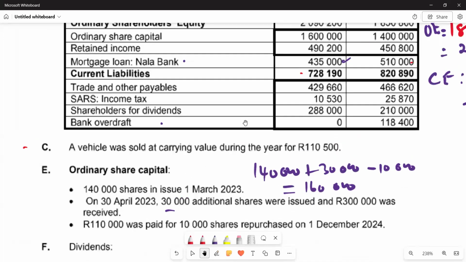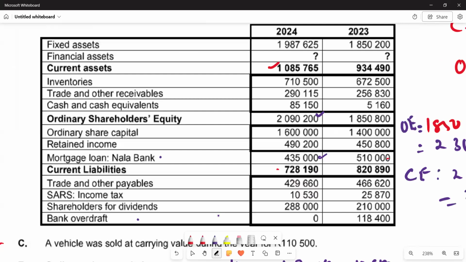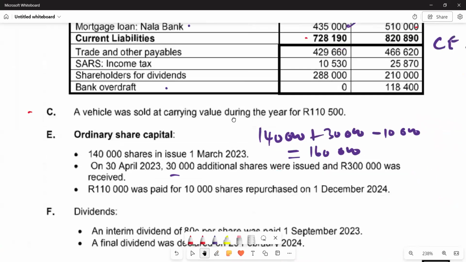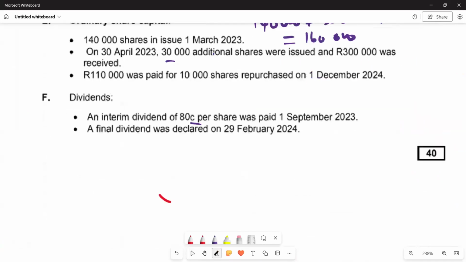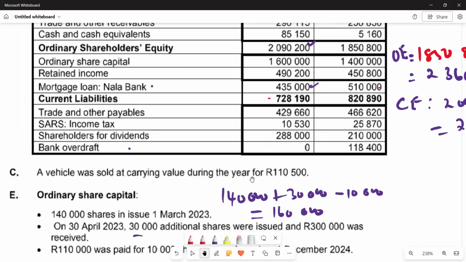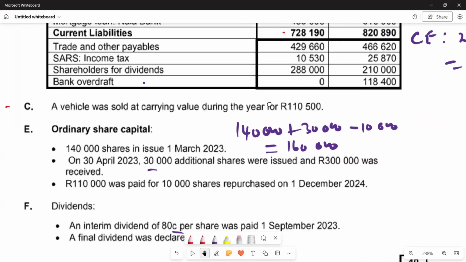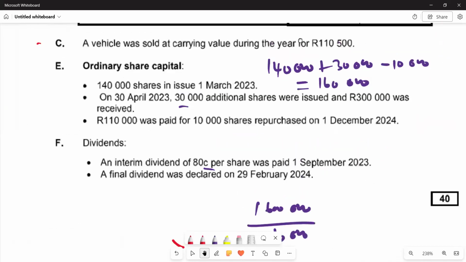Shareholders, we are having ordinary share capital, which is 1,600,000. So we divide the 1,600,000 by 160,000.